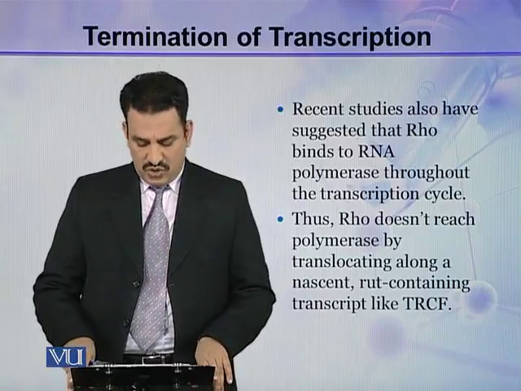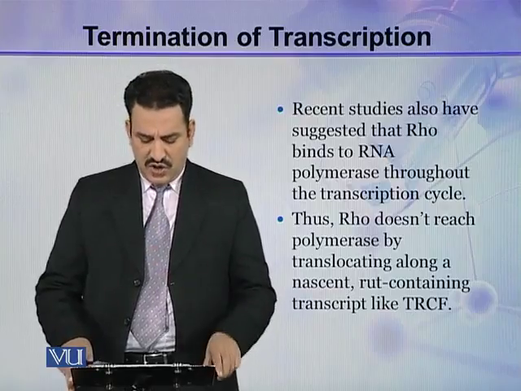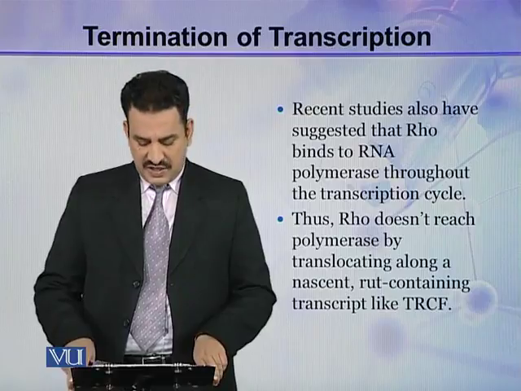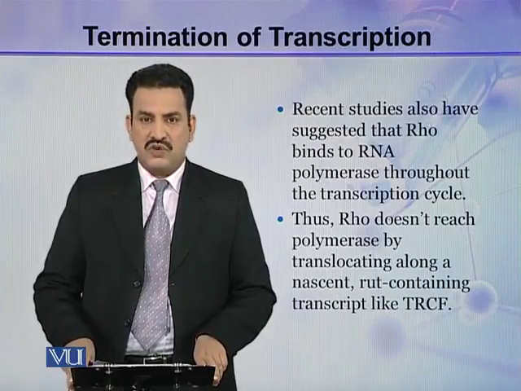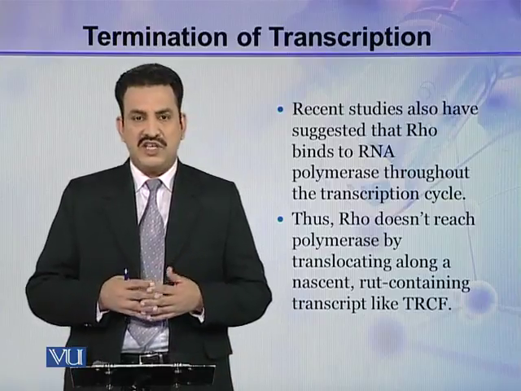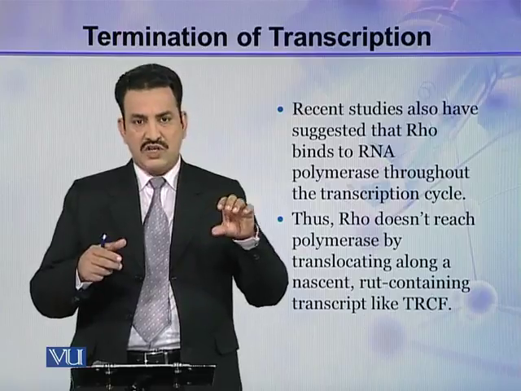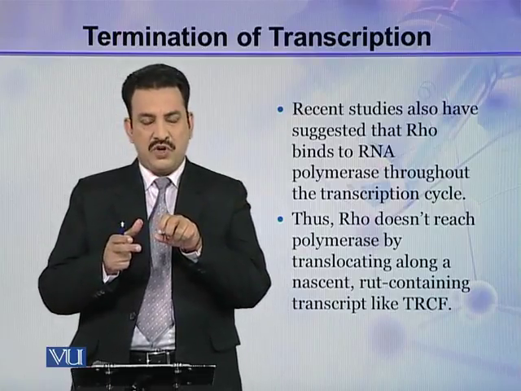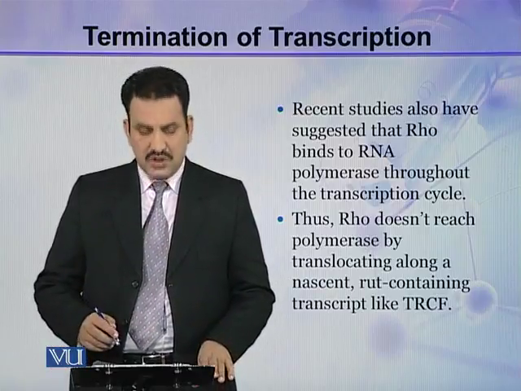Thus, Rho doesn't reach polymerase by translocating along a nascent rut-containing transcript like TRCF. So it doesn't work like TRCF. That is, it binds to DNA, then it translocates and then pushes the polymerase forward. So this is not true.